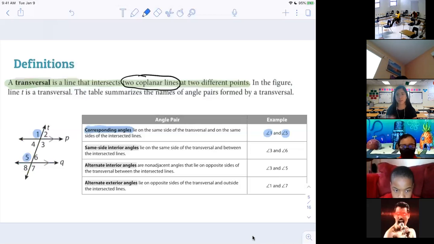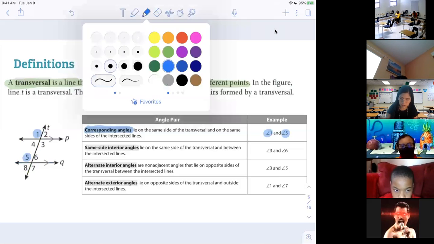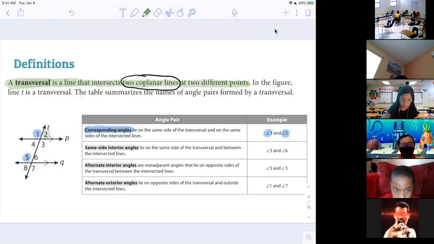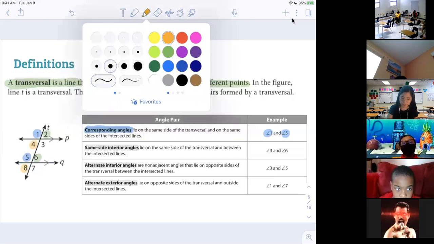Can anybody tell me a different pair of corresponding angles? 2 and 6. 2 and 6, good. Which other ones are corresponding? 4 and 8, and then 3 and 7, yeah.